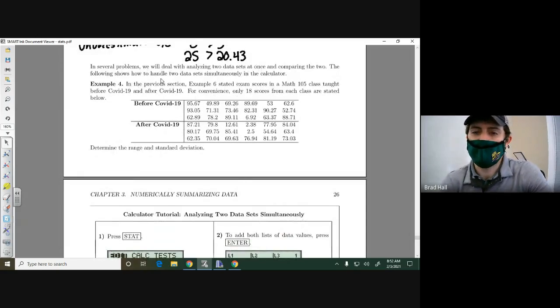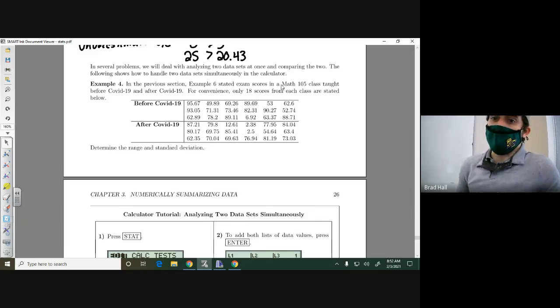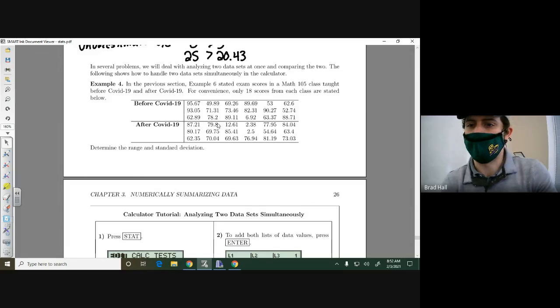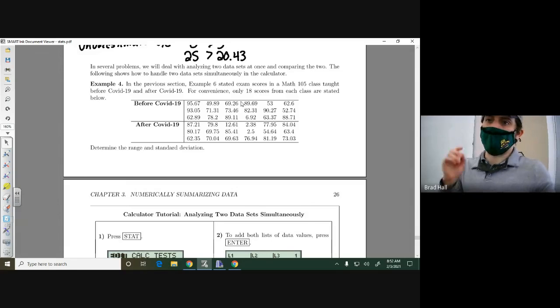So in the previous section, you might recall that in one of my examples, I put down a bunch of grades that I got from a 105 class that I may or may not have taught before COVID and after COVID. And I only put down 18. I cleared them up a little bit just for purposes of demonstration.